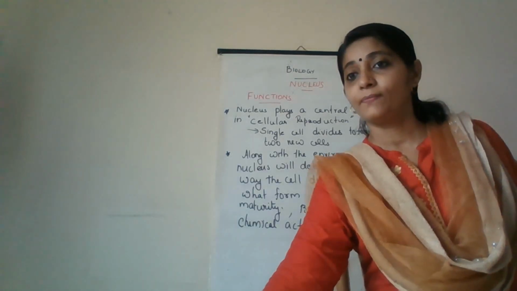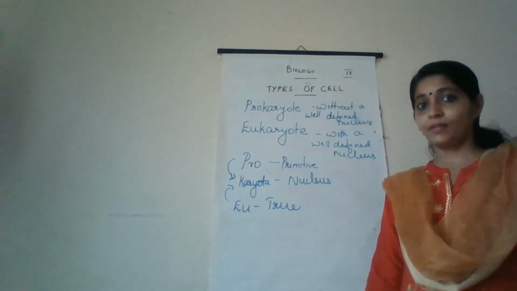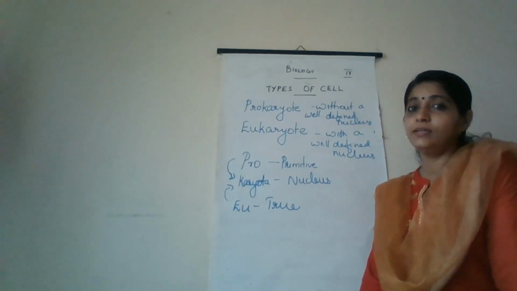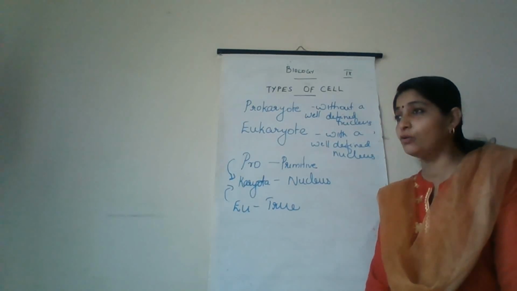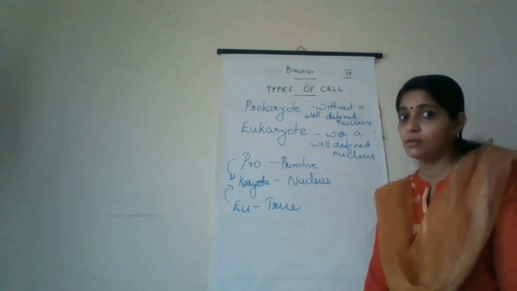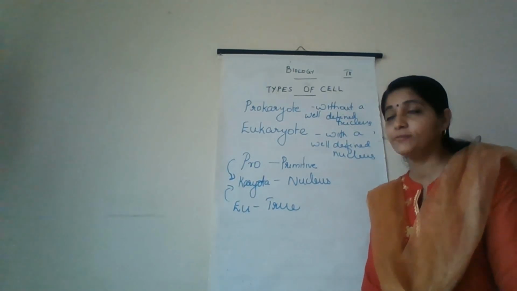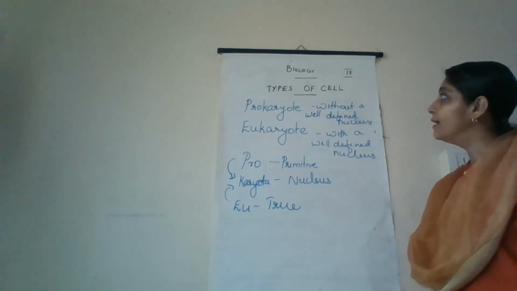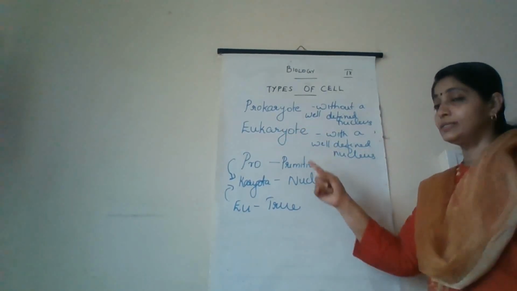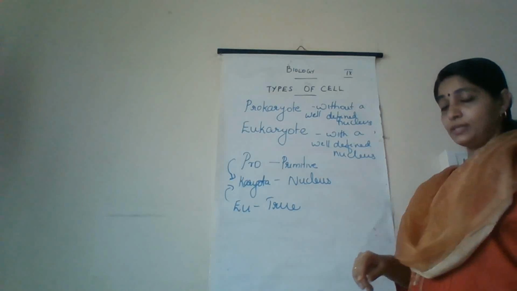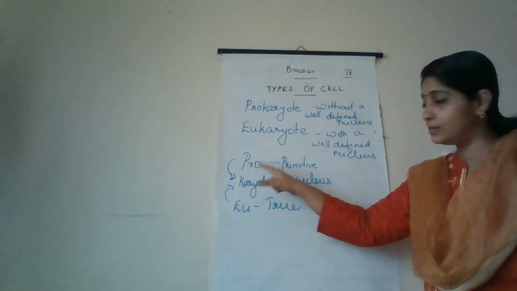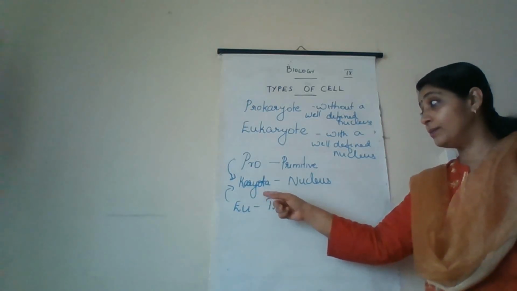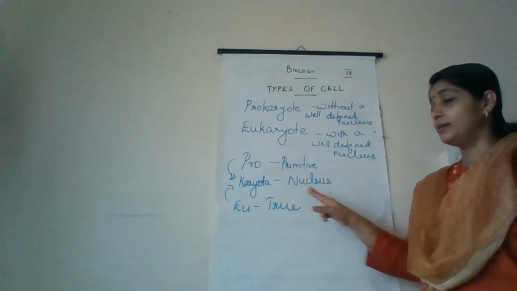Now we will see the types of cells based on the type of nucleus. Based on that, there are two types of cells, and they are the prokaryotic cell and the eukaryotic cell. From the term prokaryote, pro means primitive, karyota means nucleus in Latin.